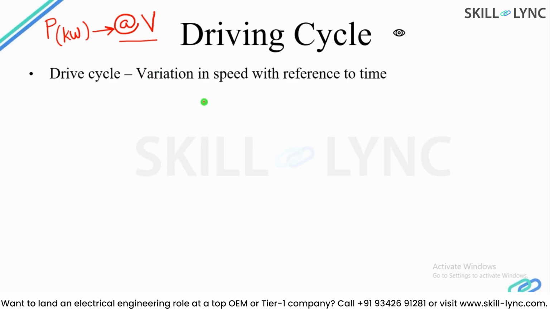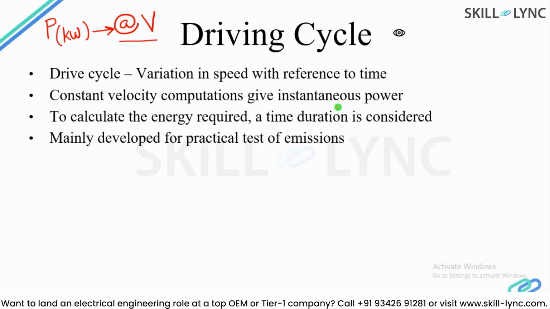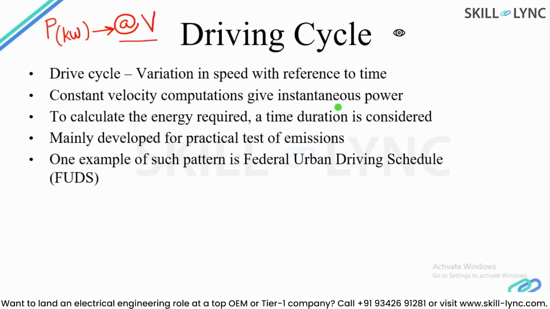A driving cycle is defined as the variation in speed with reference to time. The constant velocity computation will give us instantaneous power, but if we are interested in overall power or average power, or in calculating energy, we need to pay attention to the pattern of driving. So in order to calculate this, we need to understand the driving cycle.